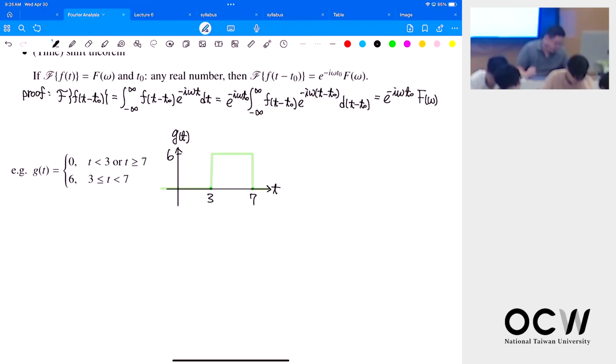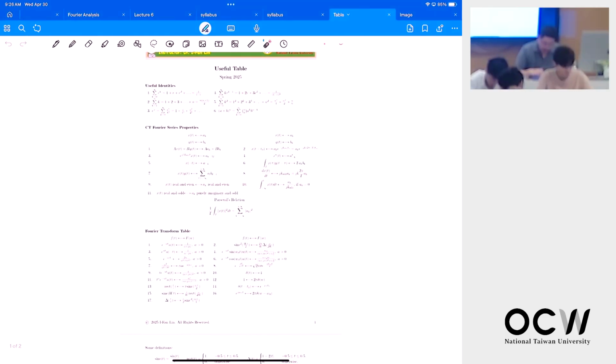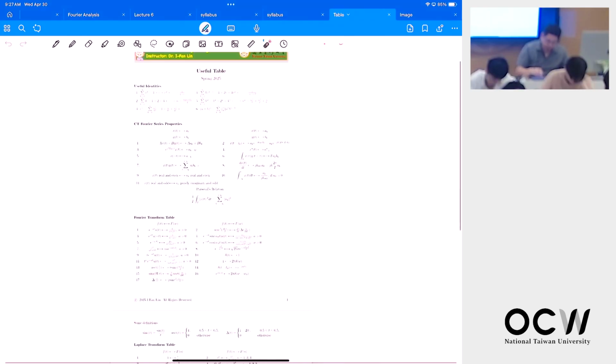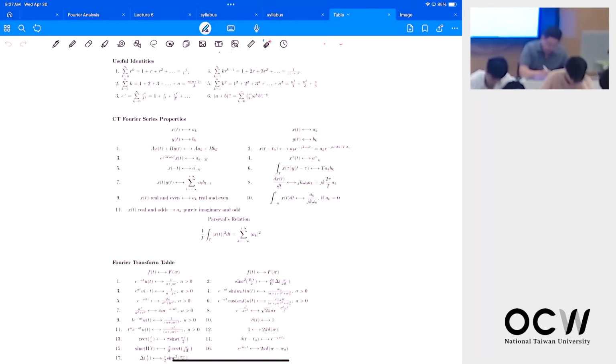How do I find the Fourier transform of this function? Also, here we have a table. So you can see the Fourier transform. If I have this form, this is my frequency domain. You can also download it on NTU Cool, and we will also provide this table on your exam.